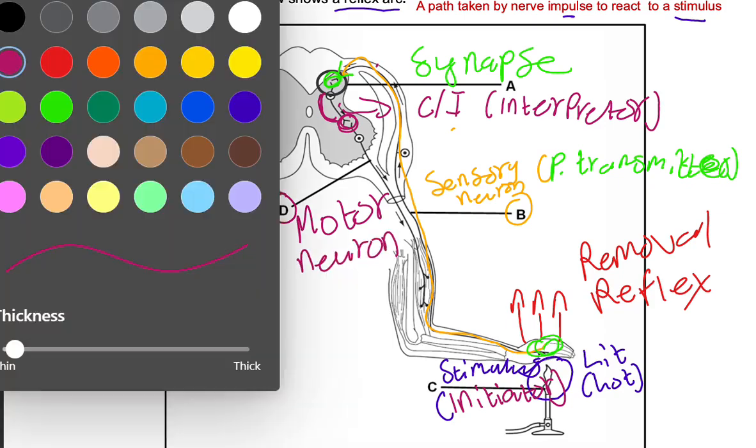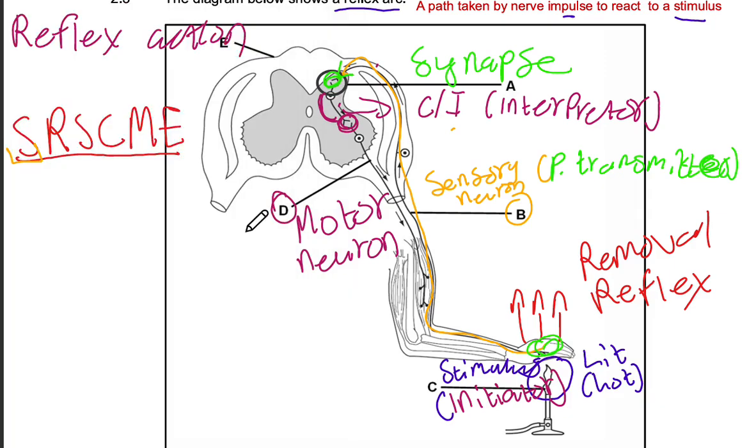All right, our motor neuron basically acts as our secondary transmitter. What does it transmit? It transmits the nerve impulses.